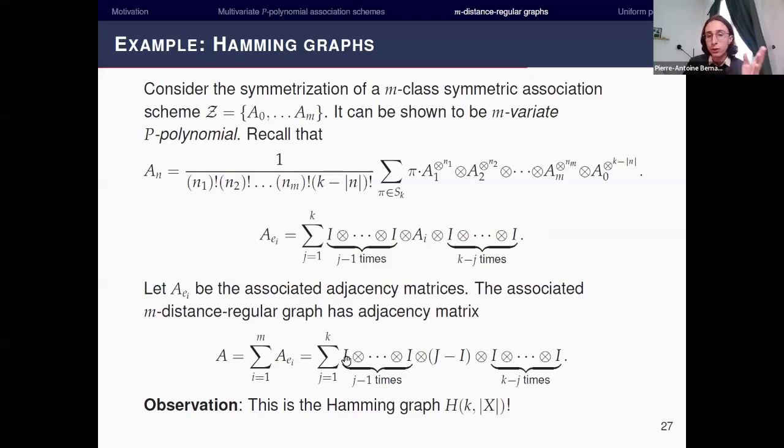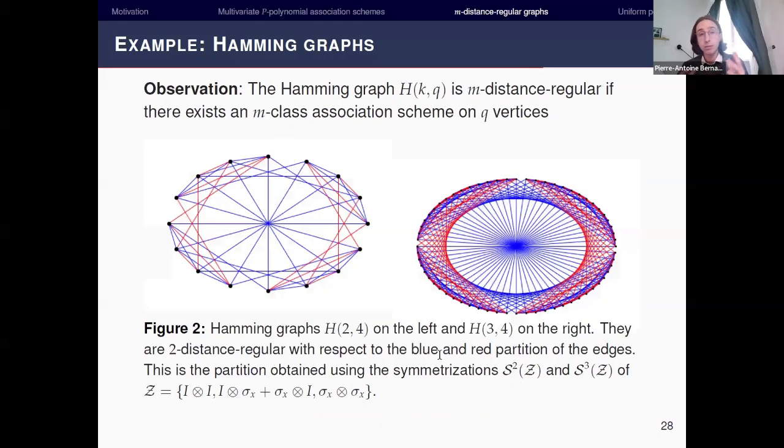So it will be a sum over the tensor product of the identity, except at one position where you get the matrix J. And so what this tells you is that if you have a Hamming graph and there exists an m-class association scheme on Q vertices, then H(k, Q) will be m-distance regular. So there will exist a coloring of its edges such that the property of m-distance regular holds.